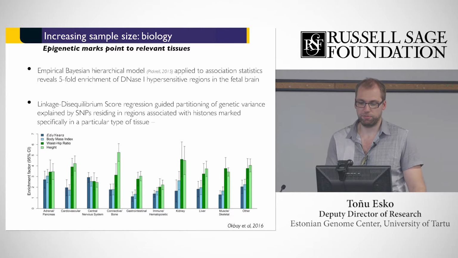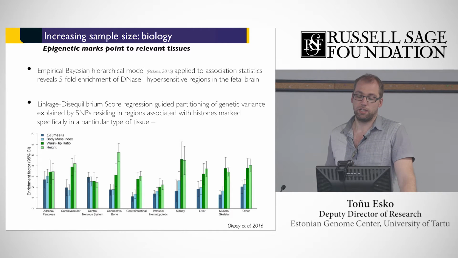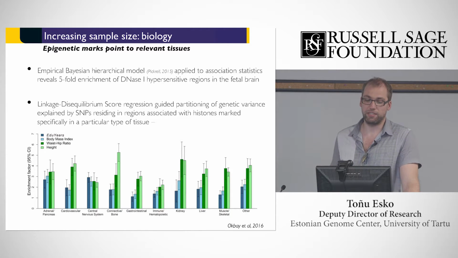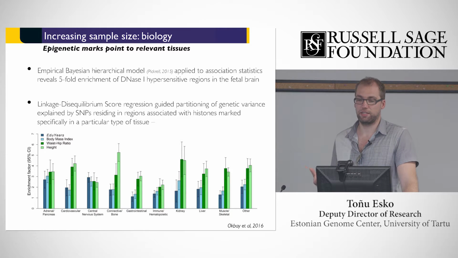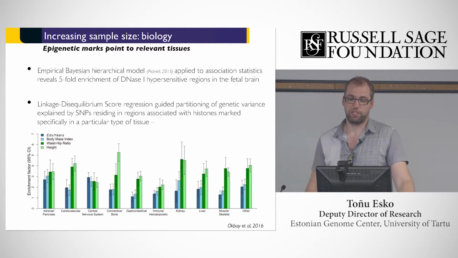But if you repeat the same experiment with educational attainment, there we actually see that the most genetic variation gets explained in the regions that are active in the central nervous system. This again provides independent evidence that the brain or central nervous system indeed is the tissue of action, because the genes there are more expressed, and also using those different epigenetic or molecular marks that show that the DNA is active.